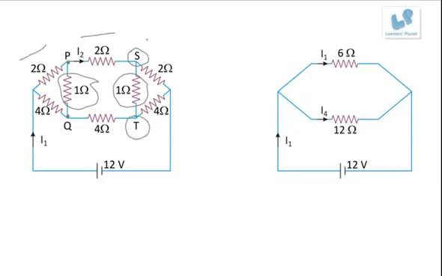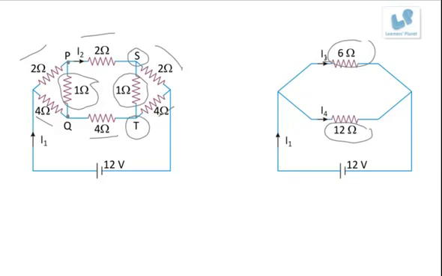Now this 2 and 2 will be in series, giving 6 ohm as effective resistance. 4 ohm, 4 ohm and 4 ohm again will be in series, so the net is 12 ohm. Let us say the current I1 is entering the circuit, I2 is passing through 6 ohm and I4 is passing through 12 ohm.